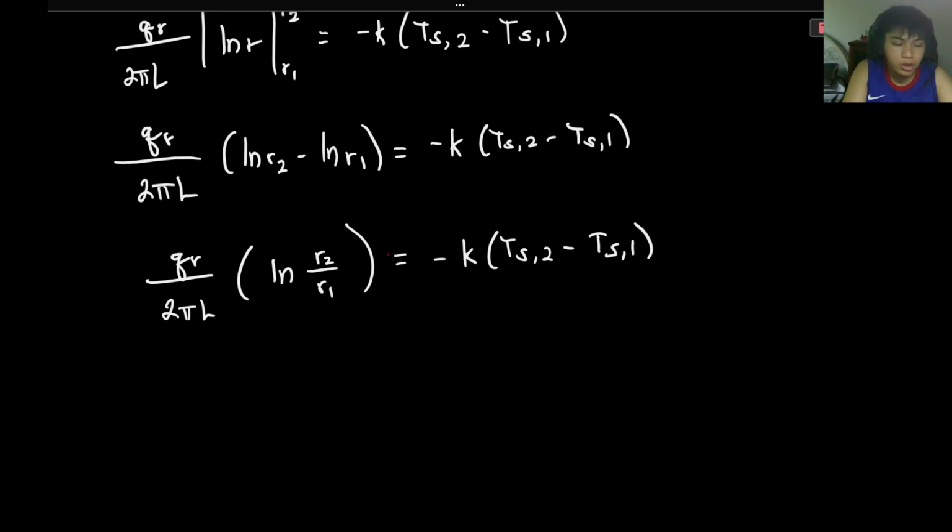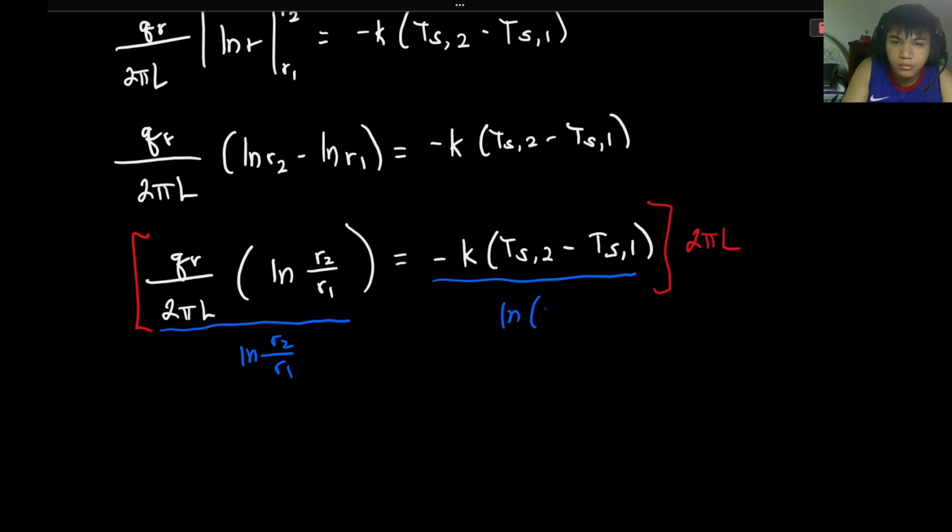Now we are going to isolate QR. What we can do is multiply both sides by 2 pi L, and divide both sides by the ln of r2 over r1. So this will cancel, and this will cancel.